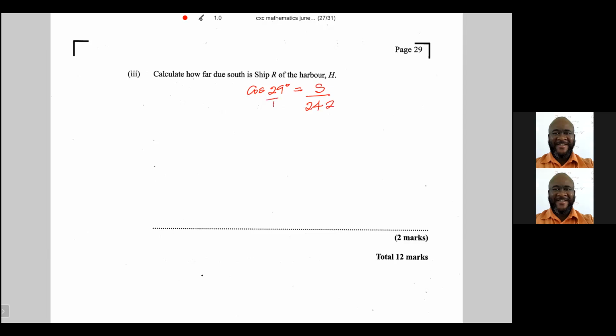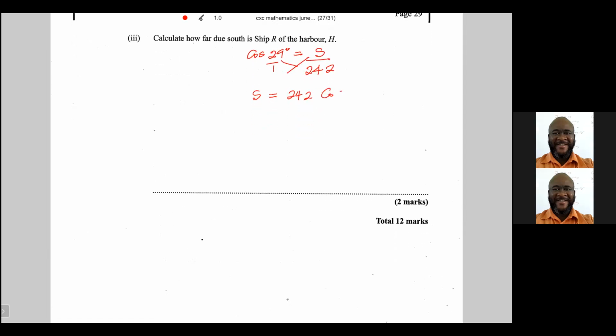If one fraction is equal to another fraction, I would cross multiply. So S would be equal to 242 times the cosine of 29 degrees.